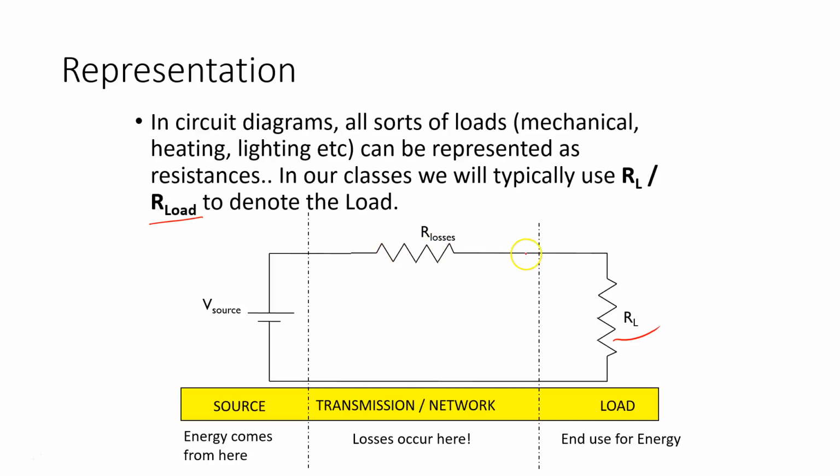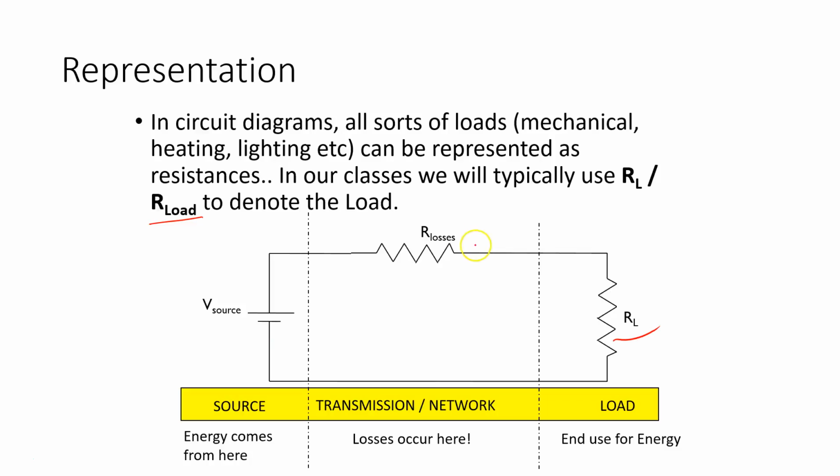And in between we have losses. So this could be losses in a transmission line, and that transmission line could be a line on a circuit board inside your phone, or it could be the lines going from one side of the country to the next. The concept is the same. In this case we have DC transmission. Across the country we have AC transmission, but for very long distances sometimes you also have DC transmission in larger countries.